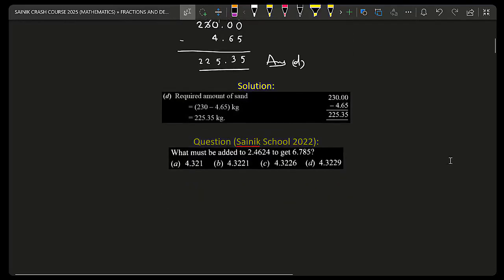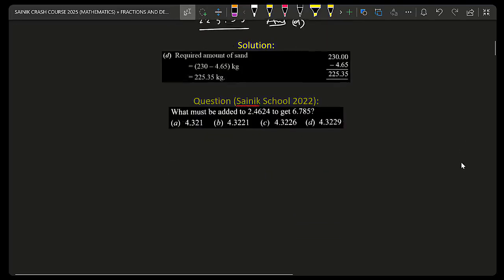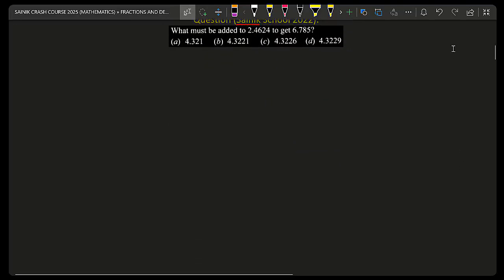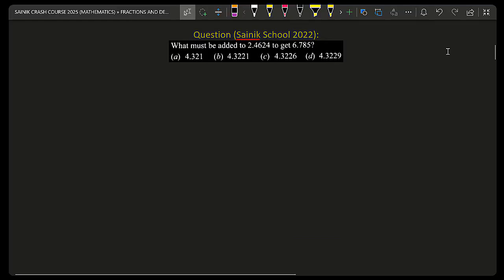Okay, so let's solve this question now. I'm writing 6.785. Srivali, how can I write the second decimal below this, 2.4624? Sir, 5 below 2.